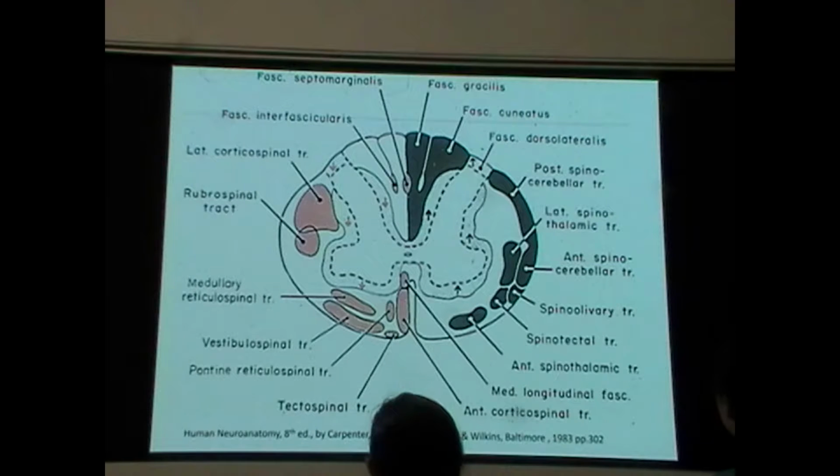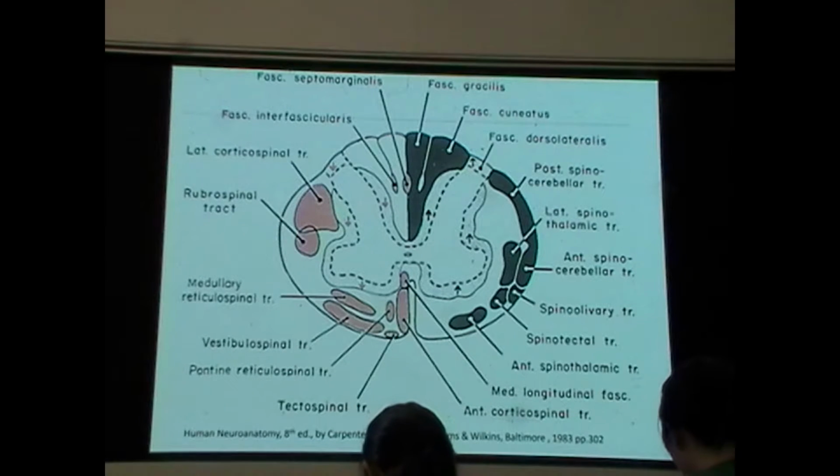The lateral corticospinal tract is the main descending motor tract of the nervous system, and the rubrospinal tract, as I said, is not as significant in relationship to human movement, but is in quadrupedal movement. But that doesn't mean that we don't use pathways from the red nucleus.